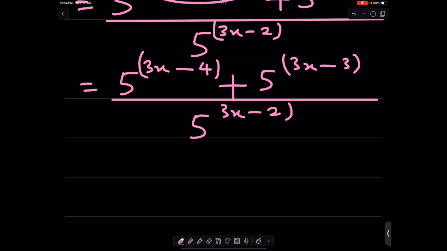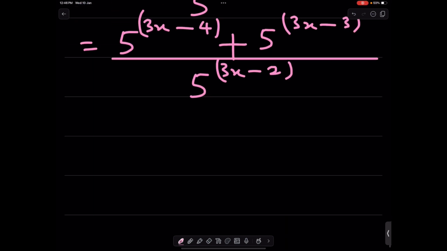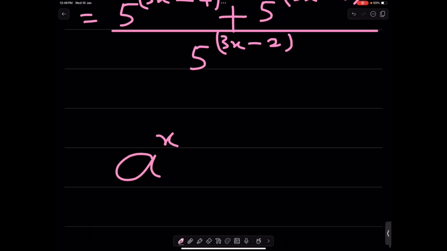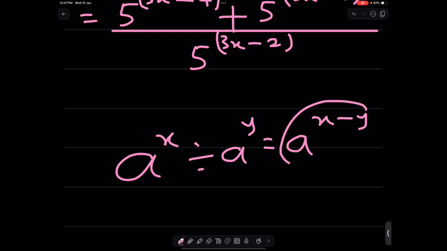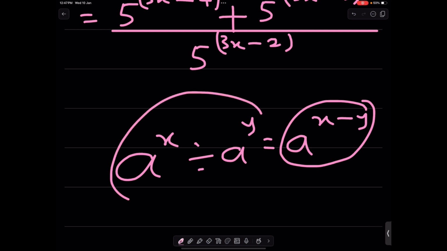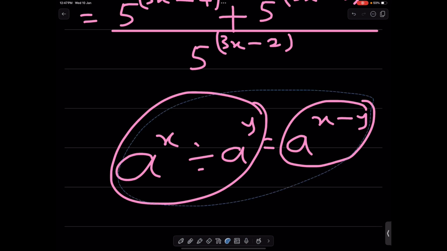Now, we know that a raised to power x divided by a raised to power y is the same as a raised to power x minus y. That means we can write a raised to power x minus y as a raised to power x divided by a raised to power y. So that's what we are doing now.